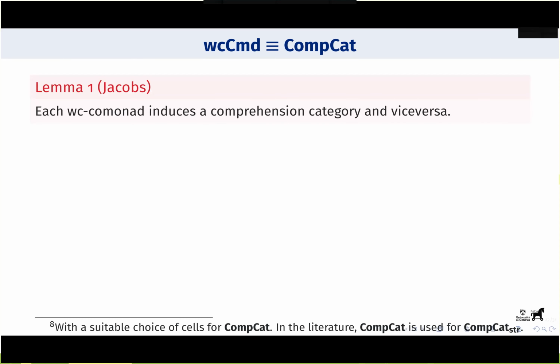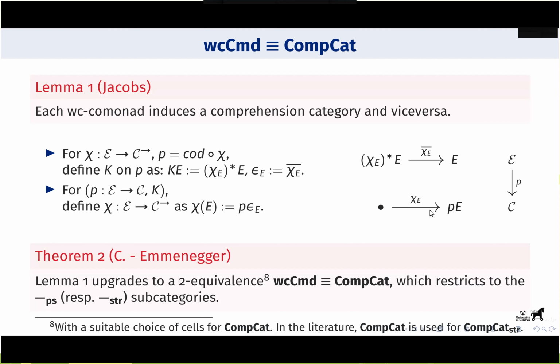On one side, it suffices to take the Cartesian lift of the comprehension, and on the other side, you just define chi to be precisely P of the epsilon.